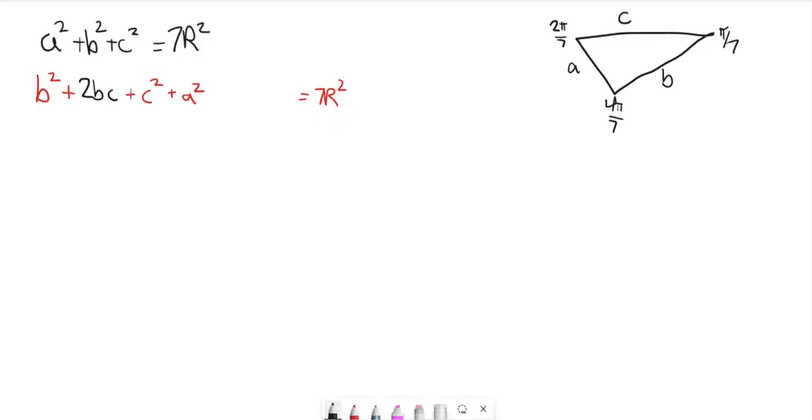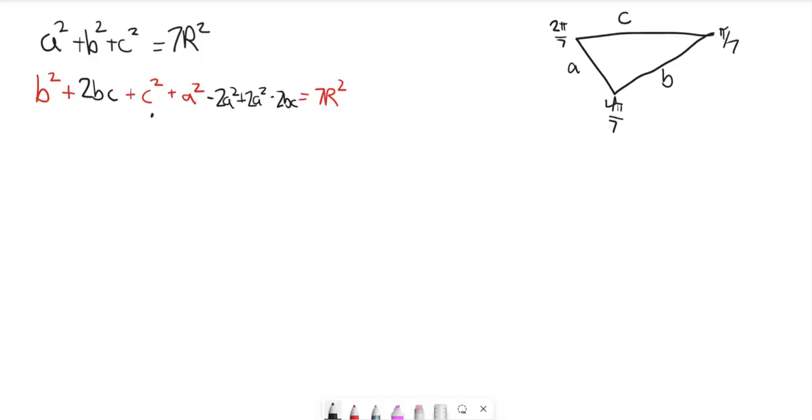And over on the other side, I'm going to take away 2a squared, add 2a squared, and I also have to take away 2bc in order for this equation to remain balanced on the left side. I'm not doing anything to the right side.